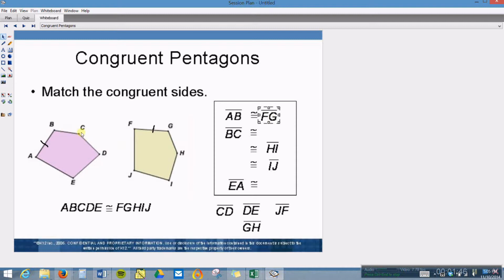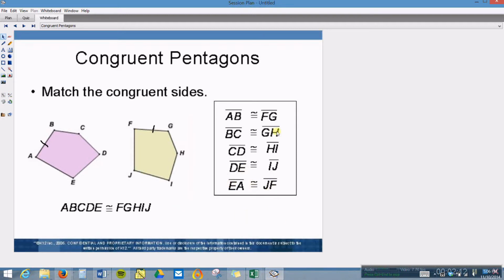So then if we look at BC, BC is congruent to GH, sorry. HI, we're just working our way around, is congruent to CD. IJ is congruent to DE, and then EA is congruent to JF.